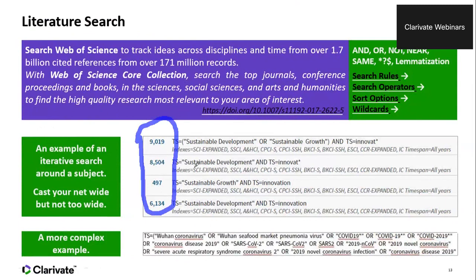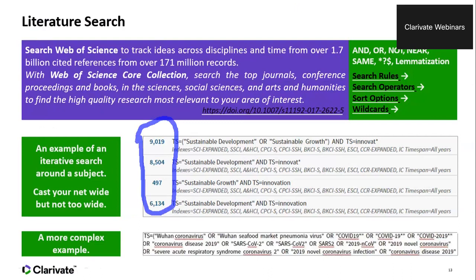And we are trying to understand the publications that we can get. Now, if you notice over here, when I do sustainable development and innovation, I get a lot of results. If I do only sustainable growth and innovation, I get a smaller set of results. So I have decided to combine both of them to get a bigger data set.